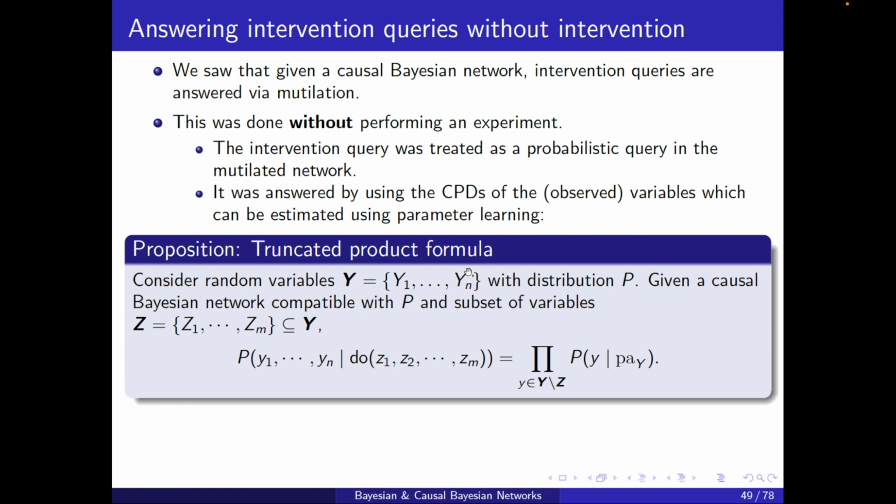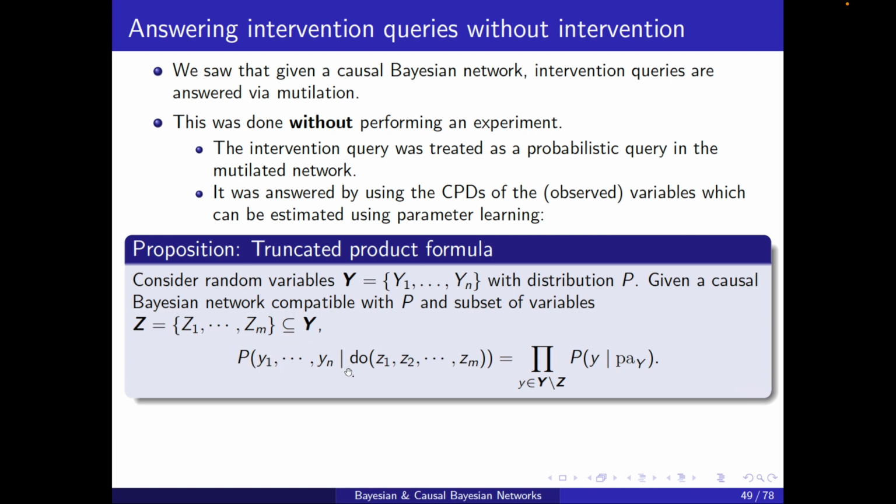So if I put all of this together, I have the truncated product formula. Consider random variables y with probability distribution p, given a causal Bayesian network that is compatible with p, and a subset of variables z that I intervene over.